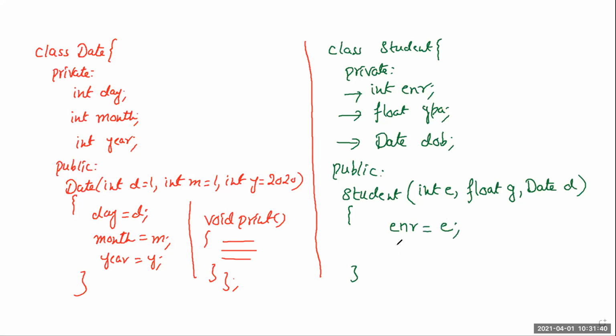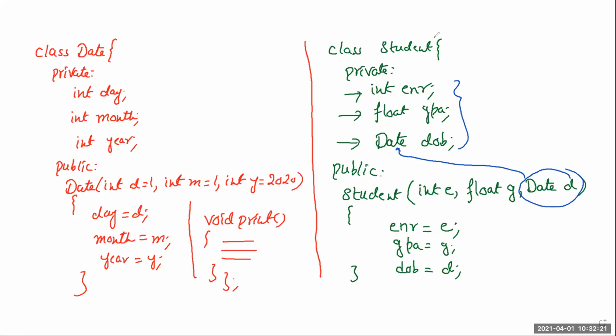You can write this, and similarly GPA gets a value g, and we have already seen that the assignment operator is allowed on objects, so you will write like this. So now see, this is the constructor, and the only slightly new concept is that here in the constructor we are passing an object, but that is perfectly legal, we can pass it to a function. The reason is that whatever data members we have in a parameterized constructor, we actually pass those whenever we are trying to set the values of the data members.